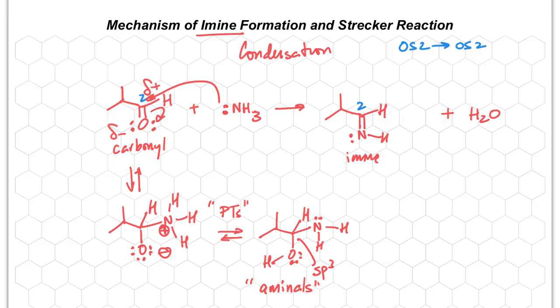So notice the difference between the M and the N. It's not an animal, it's an aminal. And so what we can do now is just an elimination where we get rid of H2O through proton transfers.